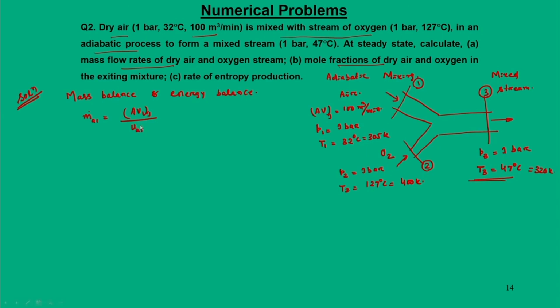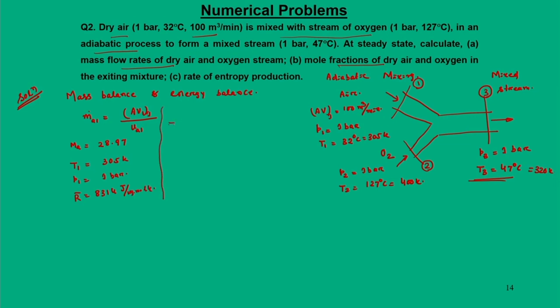And to calculate the specific volume, we require the following information. We have the molecular weight of air, that is 28.97. We know temperature T1 is 32 degrees or 305 Kelvin, P1 is 1 bar, and R bar is 8314 joule per kg mole Kelvin.